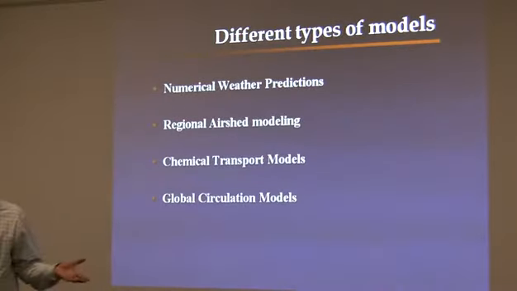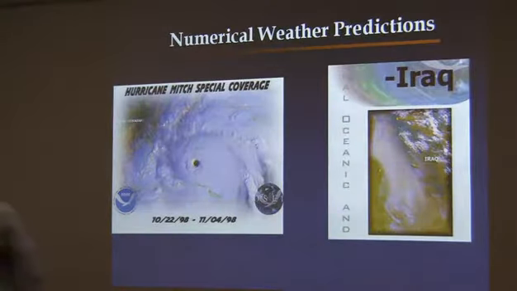But that's not the only environmental atmospheric model out there. There are also all these numerical weather prediction models, regional models, chemical transport models. So let's have a little tour of these different models, so that when you interact with all the modelers, you have a better perspective of what it is that they are doing.